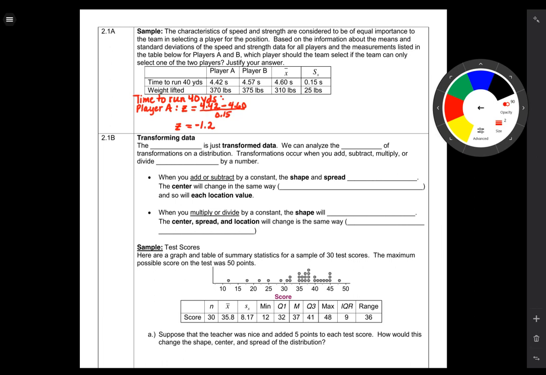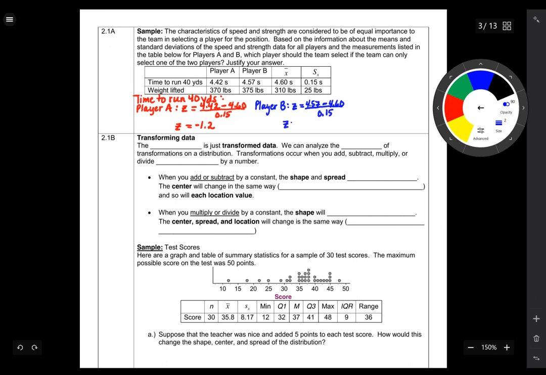Okay, now let's do player B. Okay, so player B, z-score is 4.57 minus 4.60, all divided by 0.15.